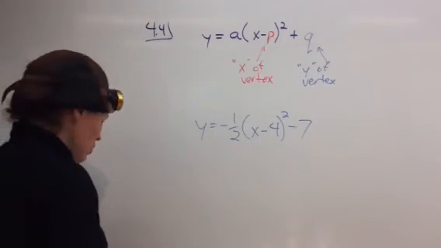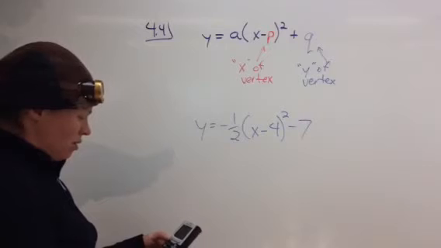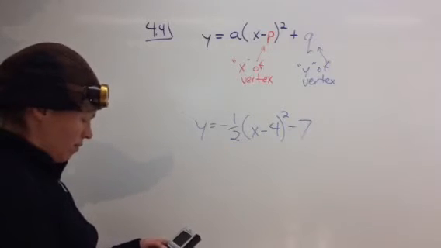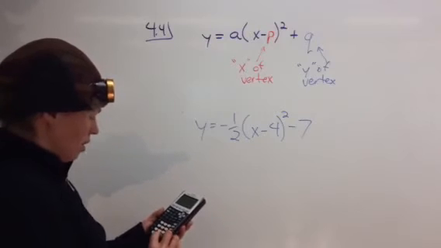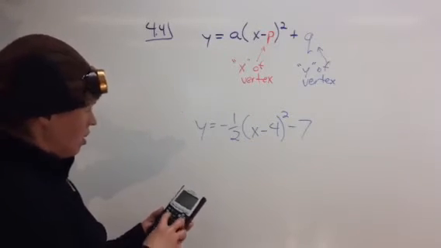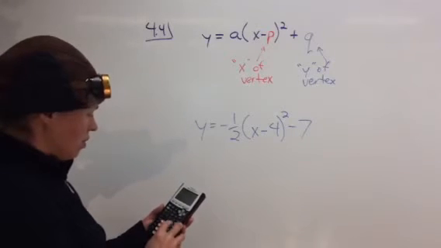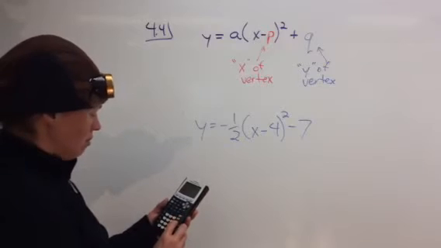So when we go to plug that one into our calculator, we're going to hit the y equals button. We go negative, I'm just going to use 0.5 because I'm a cheater, x minus, minus 4 close bracket squared and minus 7.